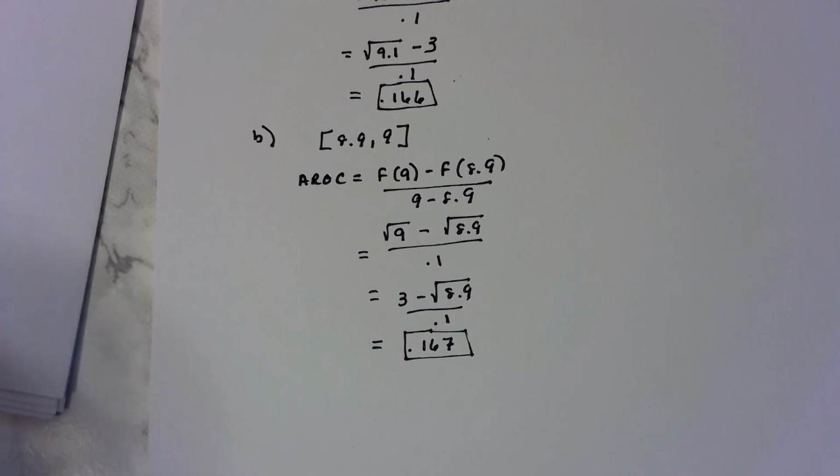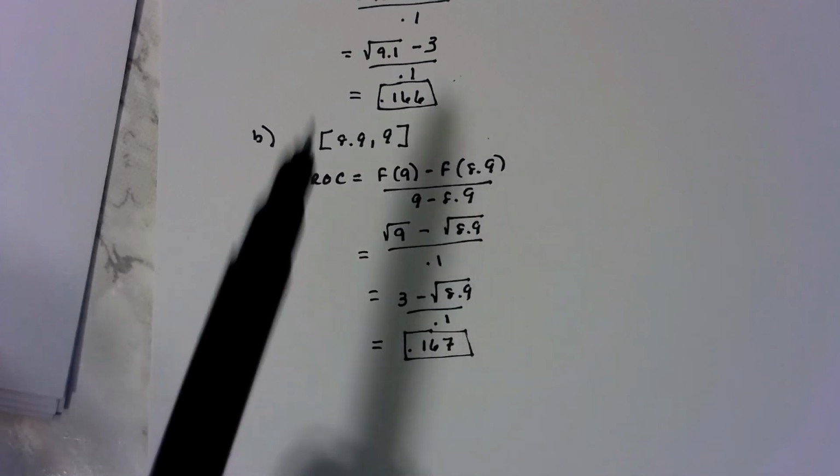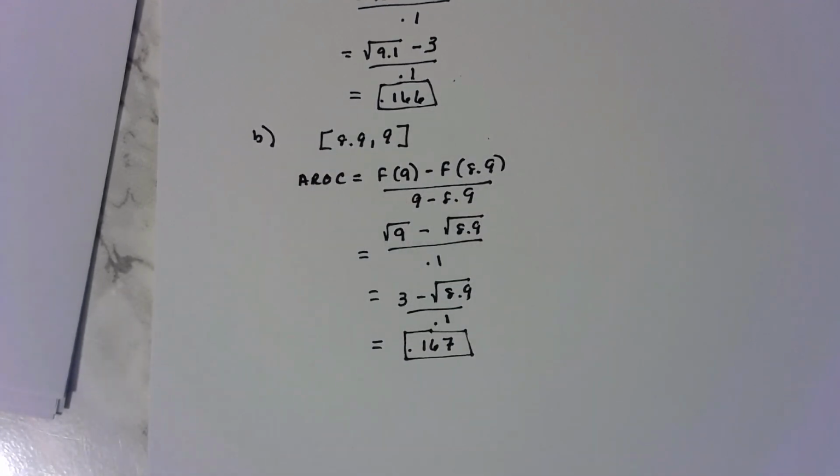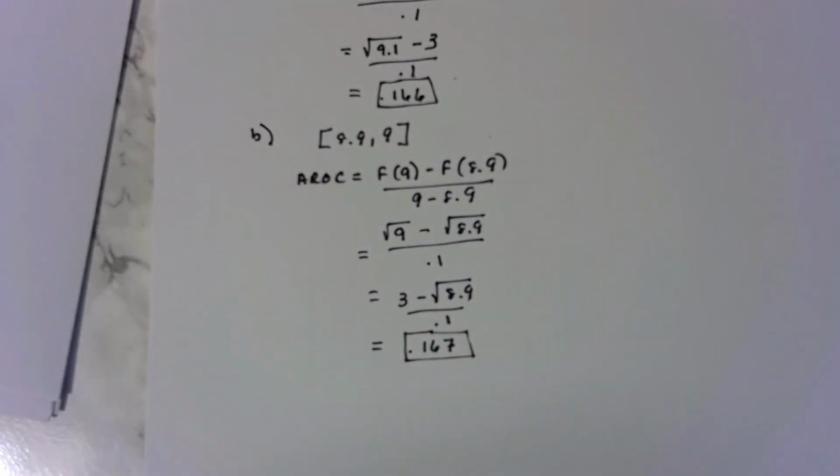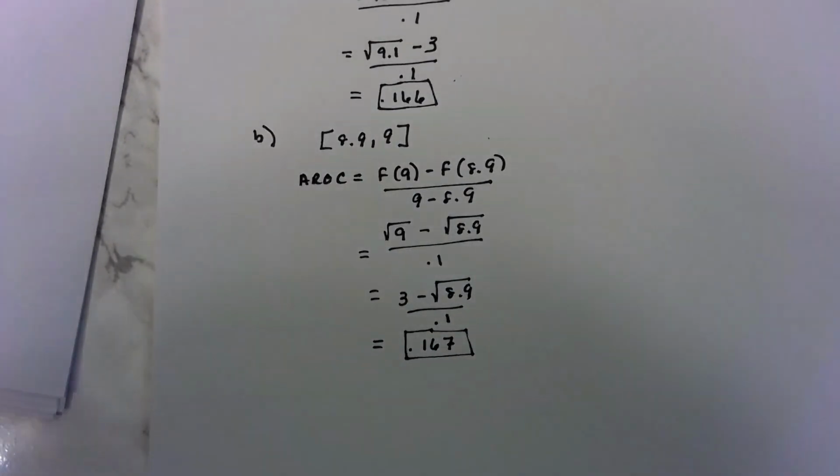So just keep that in mind. I'm being a little bit sloppy here for the sake of saving time and because I hate writing decimals, but you should bring those numbers out and round at the very last minute, okay?